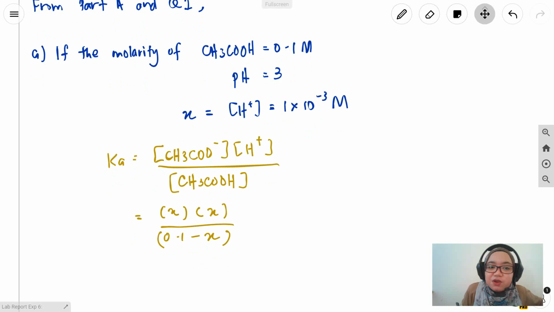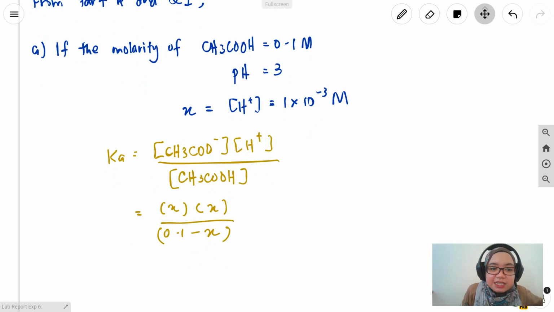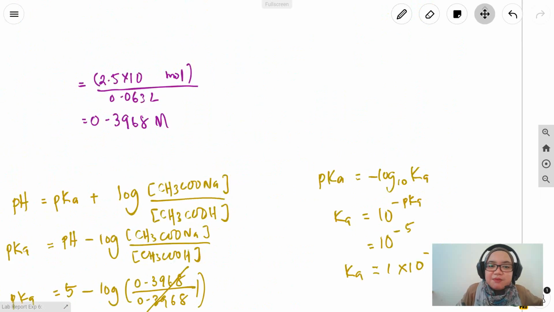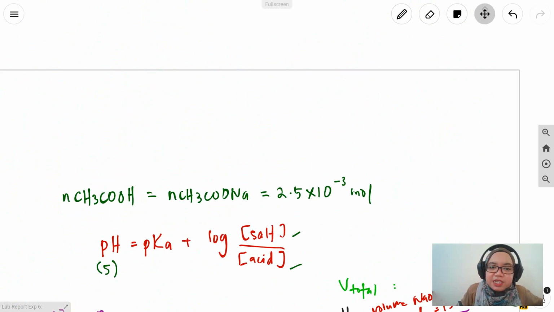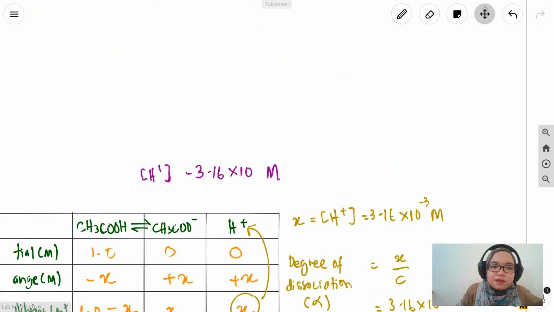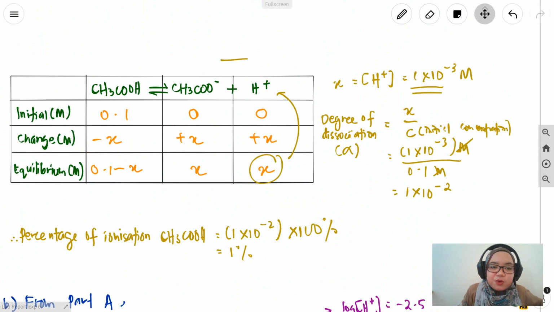So, we know that to find the Ka, it is equals to the concentration of product over concentration of reactant. So, kita dah tahu ini semua X, ini 0.1 minus X from the ice table. Okay, kalau lupa ice table, kita tengok balik ice table question 1 tadi. Okay, this is ice table for question 1.